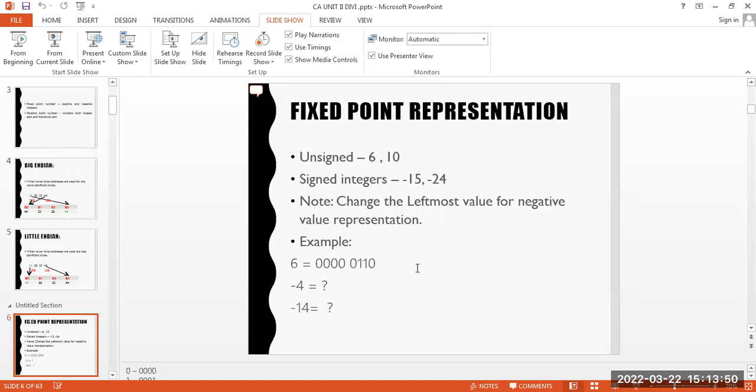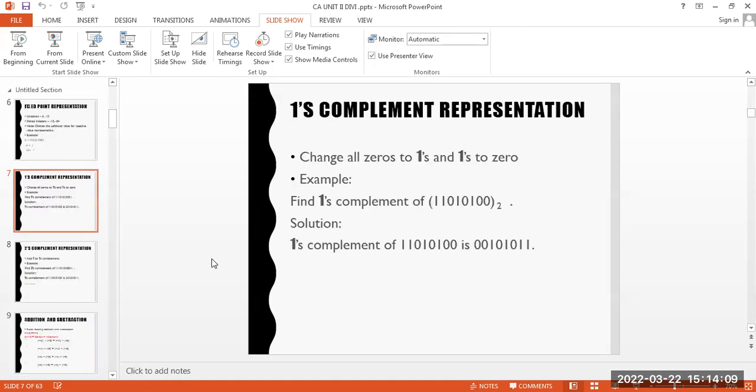For example, 6 is 00000110 in 8-bit representation. For a negative number, the leftmost bit will be 1. So the negative number can be represented with the help of zeros and ones.